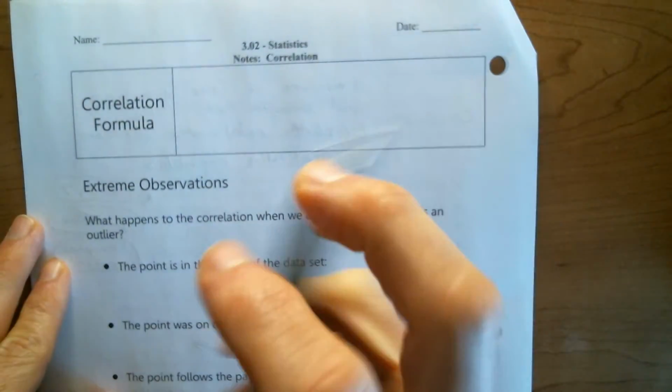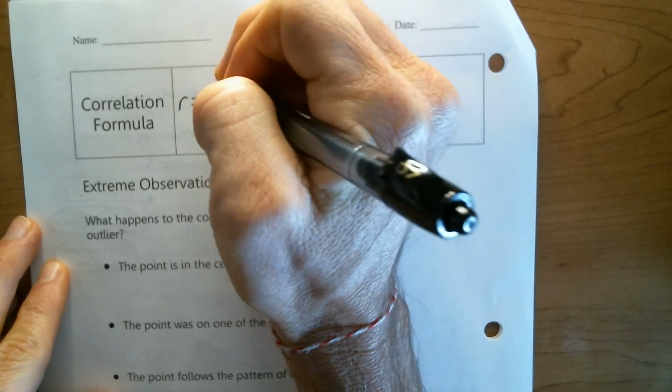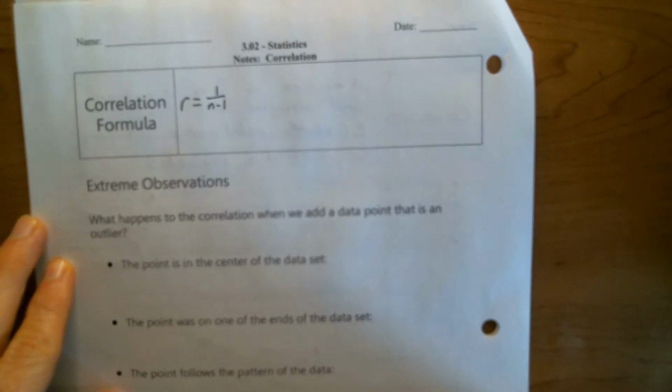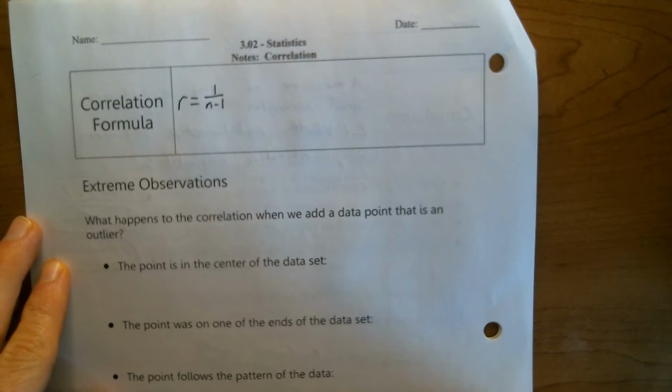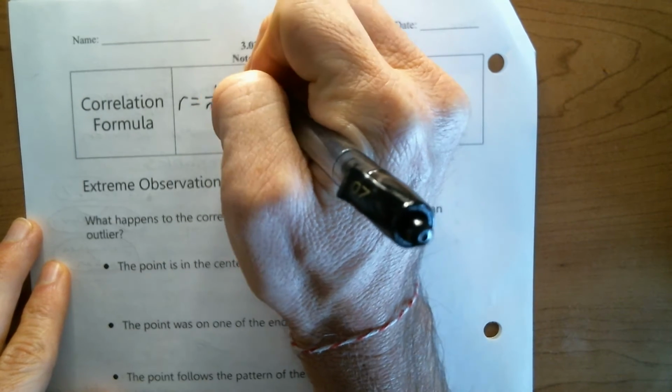All right. So let's talk about how this number is actually calculated. All right, so our correlation formula is r equals 1 over n minus 1. All right, so n would be your sample size, times the summation.